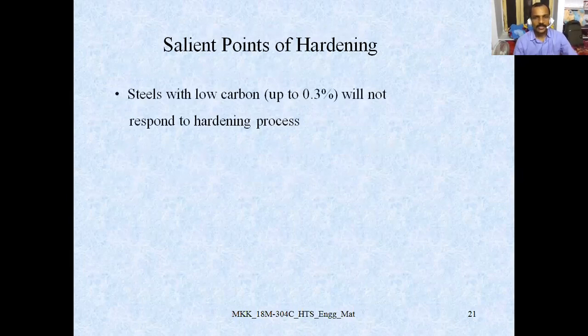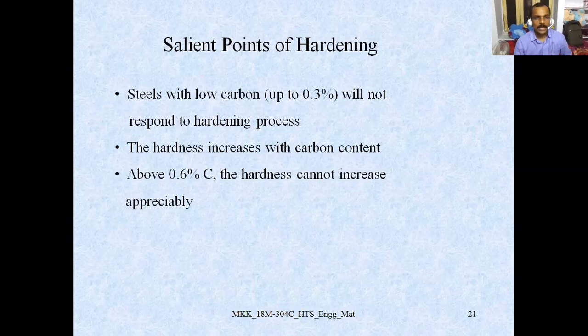Steels with low carbon, up to 0.3 percentage, will not respond to the hardening process. Steels with low carbon content, that is up to 0.3 percentage, do not have any response to the hardening process. The hardness increases with the carbon content. So above 0.6 percentage of carbon, the hardness cannot increase appreciably.